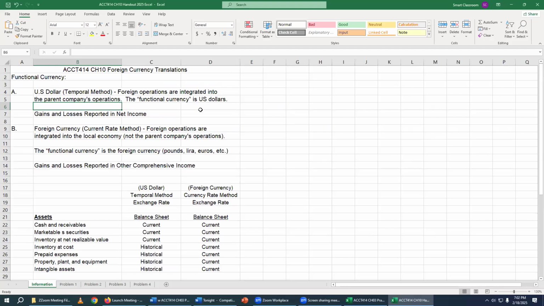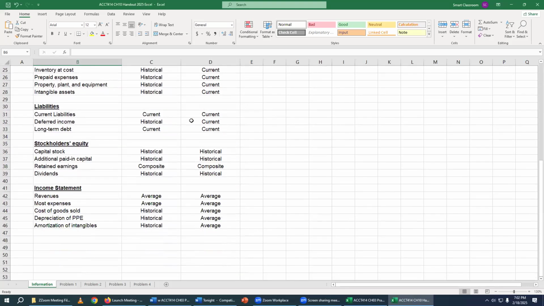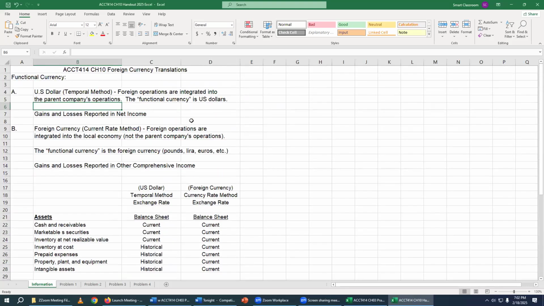Okay, let's see here. So, foreign currency translations.